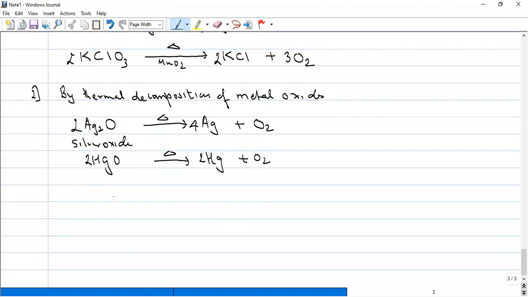Lead peroxide on heating will give you lead oxide plus oxygen.